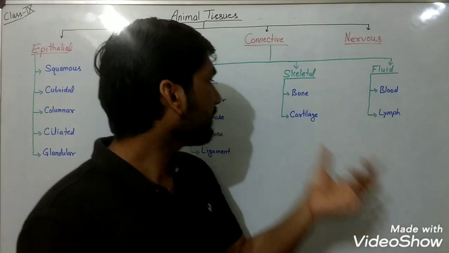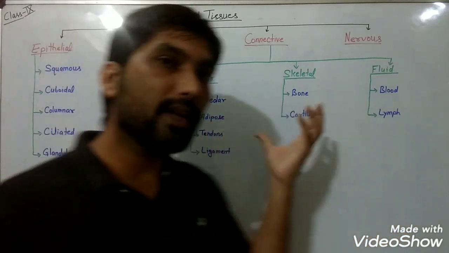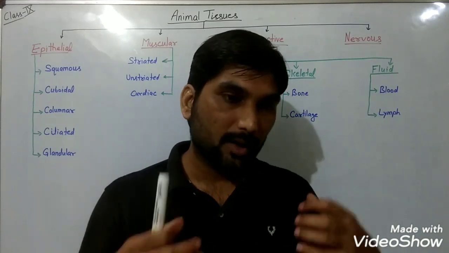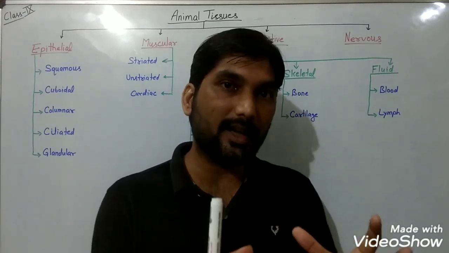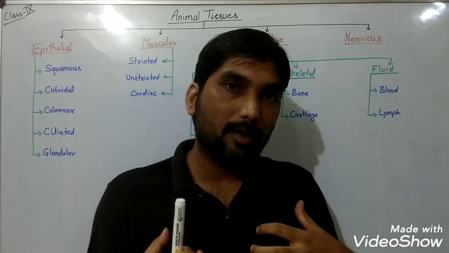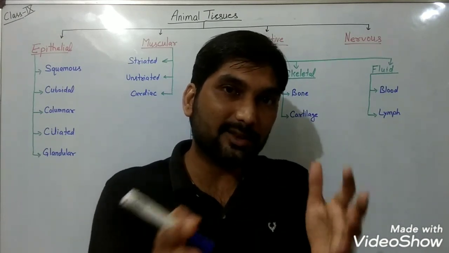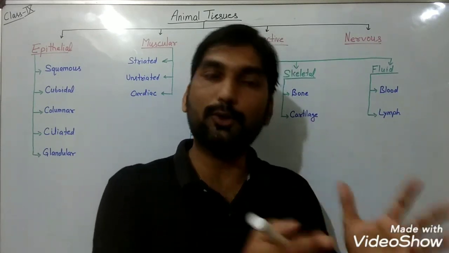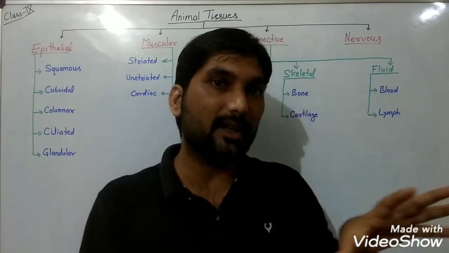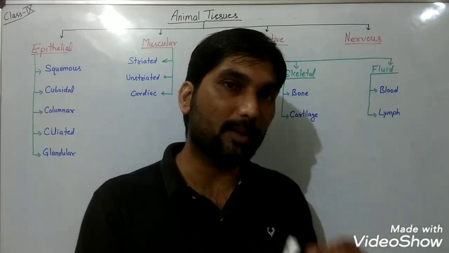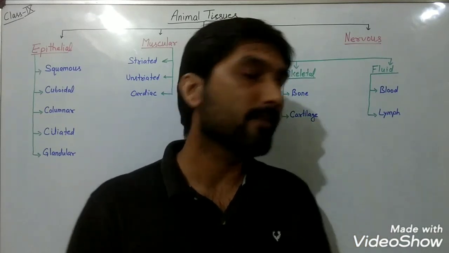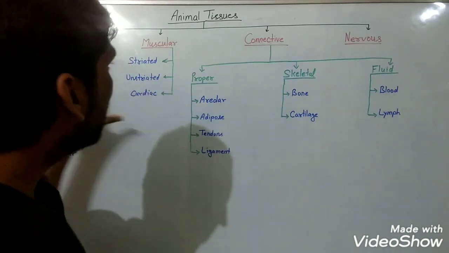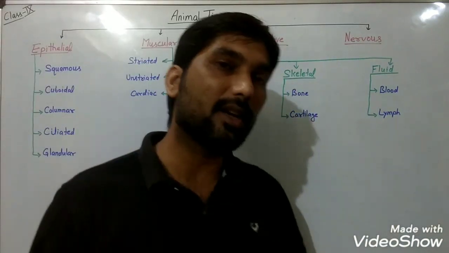In the same way, the areolar tissues in animals perform the function of packaging, which means wherever in the body, in the organs, there is a space available in between two organs, these areolar tissues are present there to fix them, and that's why they are known as what? Packaging material in the body. So this is a general idea about all these animal tissues present in our body.